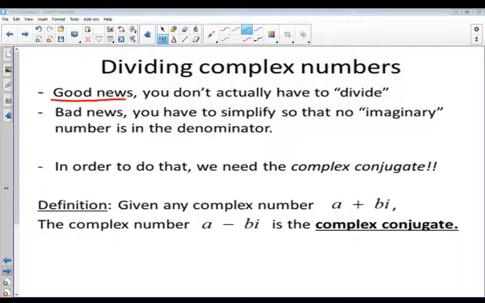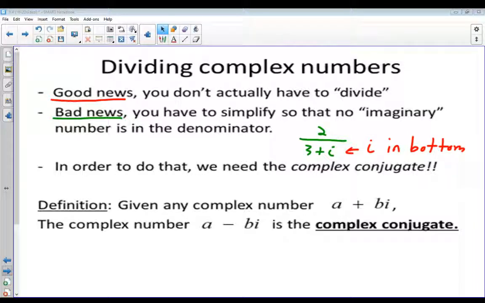But the bad news is you have to simplify so that no imaginary number is in the denominator. Or more specifically, we don't want i in the bottom of a fraction. Anytime that happens, we need to fix that.